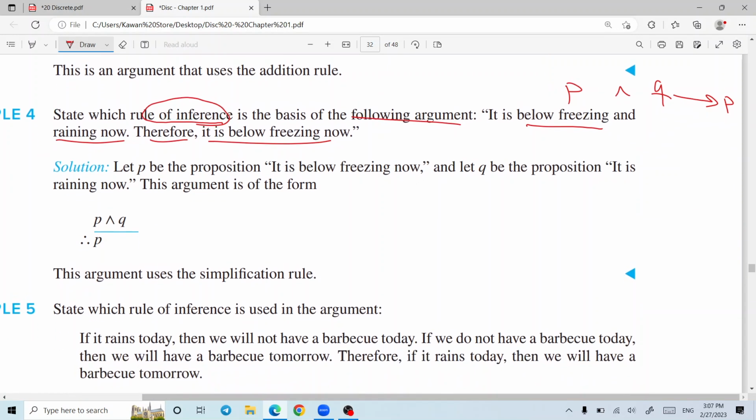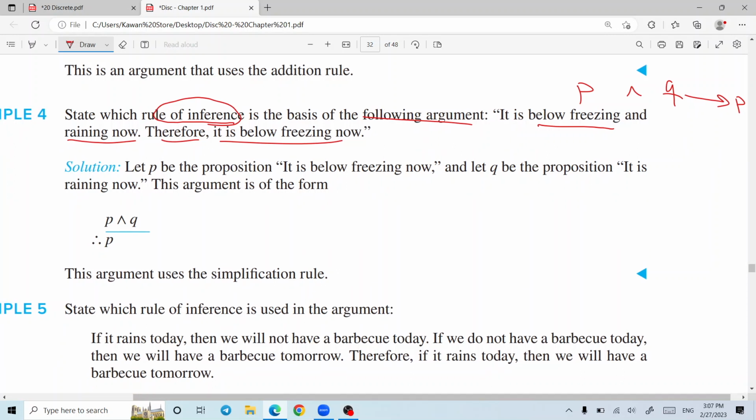Help me with example number 5. Actually, example number 5 is the tricky one. Let's do it together. We need that one, right? Where's the argument? It's raining today.